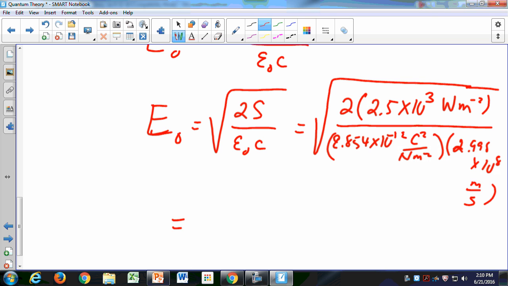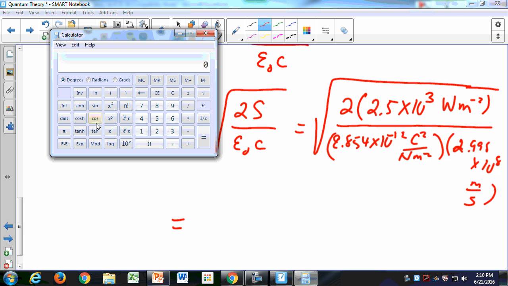So that gives us 2 times 2.5 times 10 to the third divided by 8.854 times 10 to the negative 12, divided by 2.998 times 10 to the 8th equals that, and you take the square root of that, and that gives you 1,372.